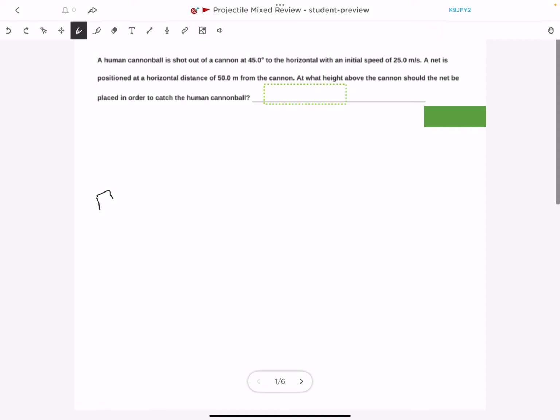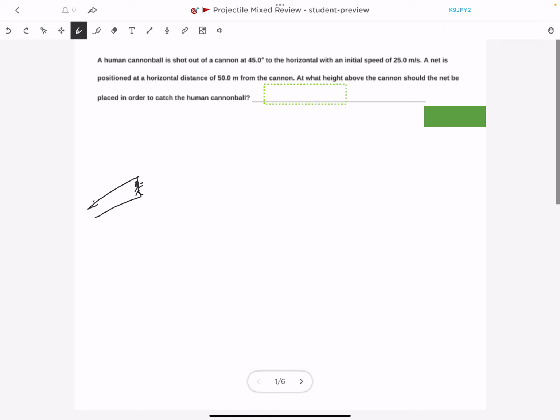All right, so let me set that up. Okay, so here's the cannon. This is a human cannonball, so he's going to get shot out of the cannon.